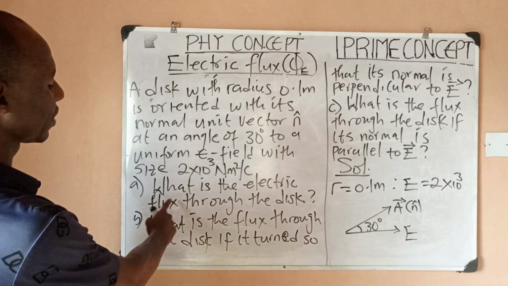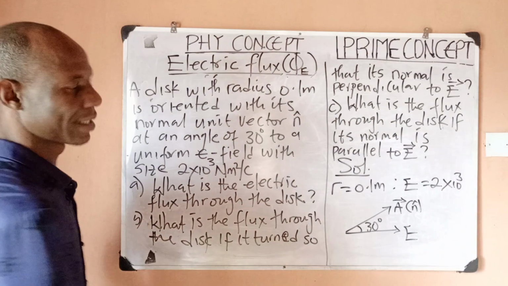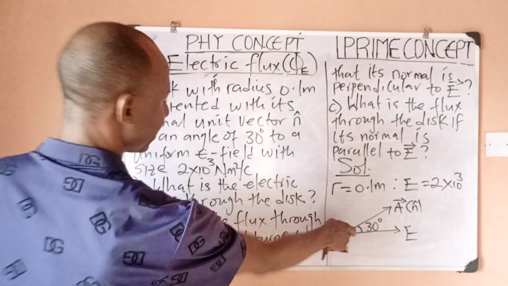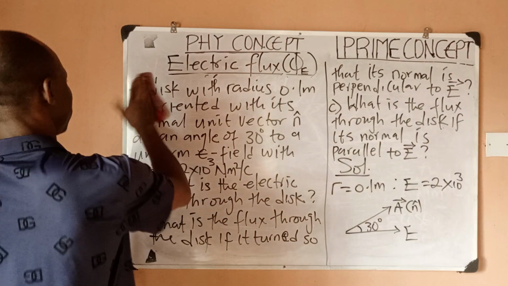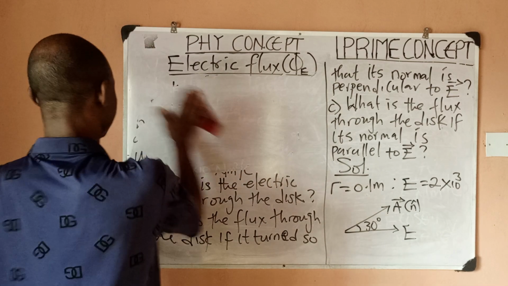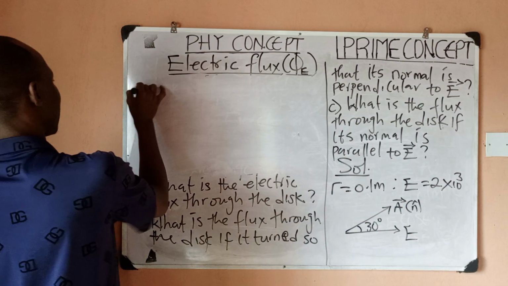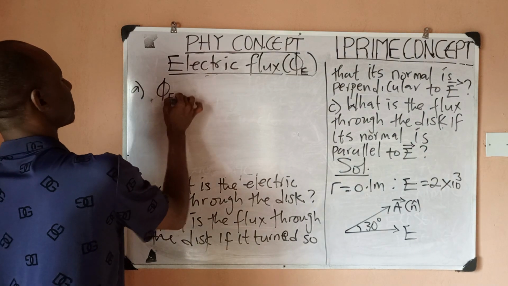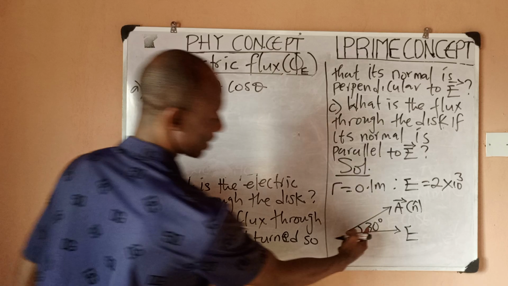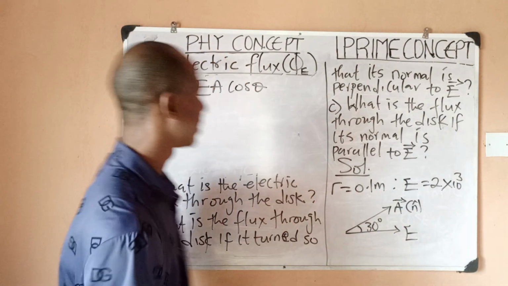The first part of the question says, what is the electric flux through the disk under this condition? So when that disk is aligned in this way, what is the electric flux through that disk? So the electric flux through the disk under that condition is what we have as phi E, which is equal to EA cos theta, because theta is this angle between the normal unit vector and the electric field.